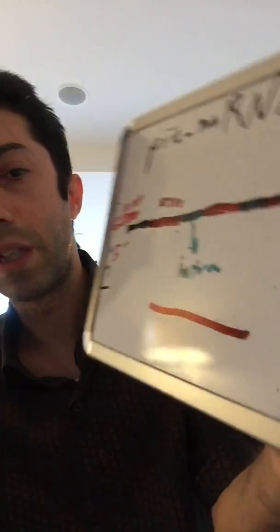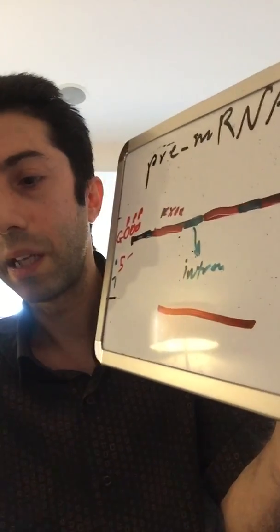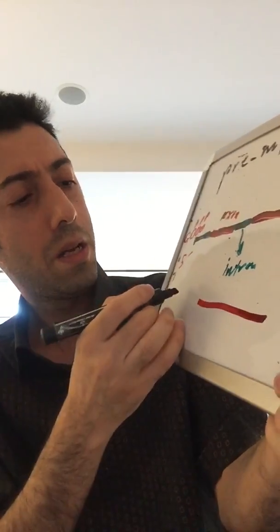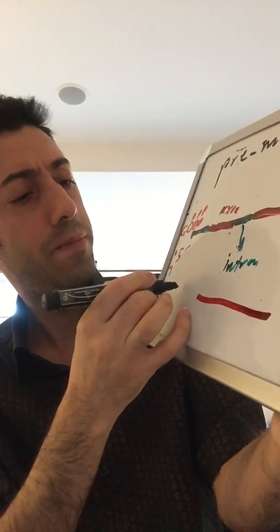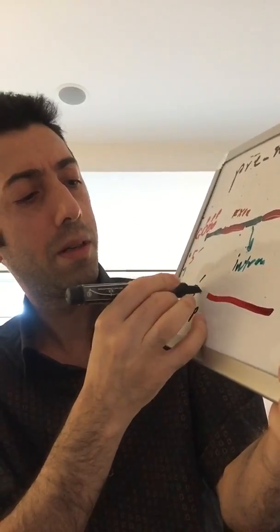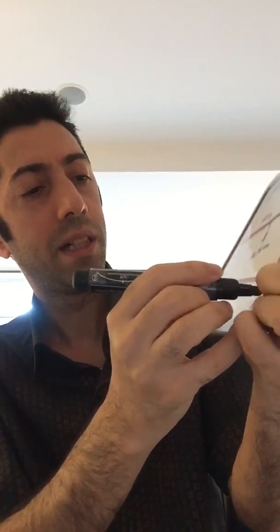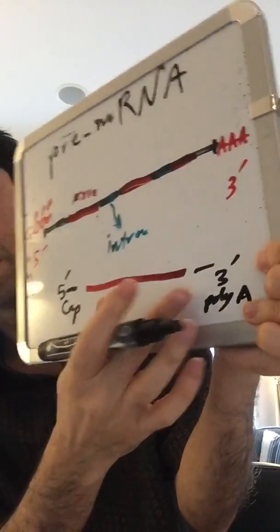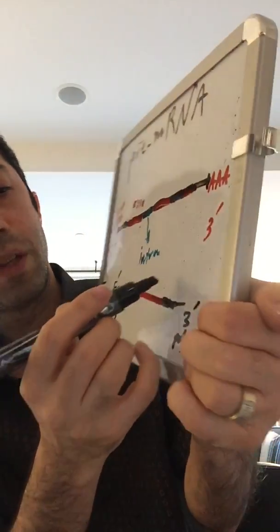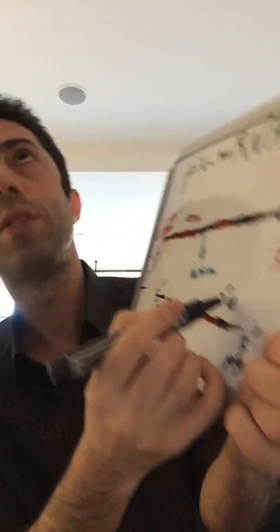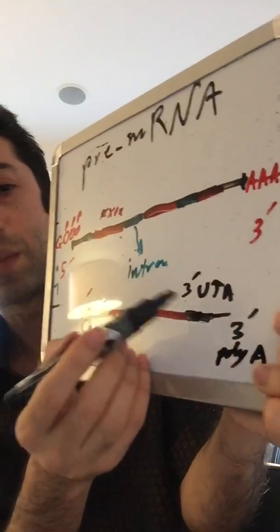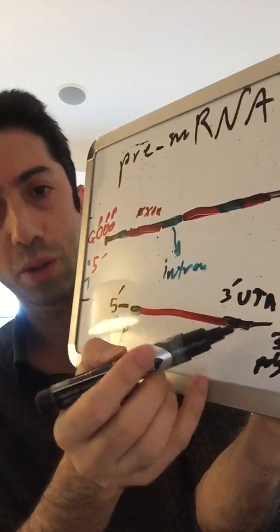And this is the one. I mean, it's going to have the 5' cap and 3' poly-A tail, plus there's something here and here. Here is the 3' untranslated region. It's not going to be translated, but it's going to be in the mature mRNA.